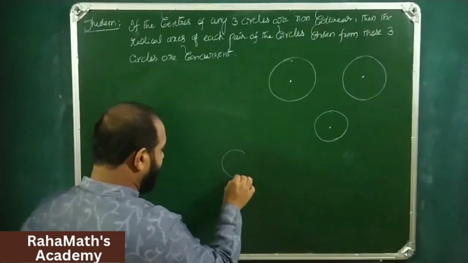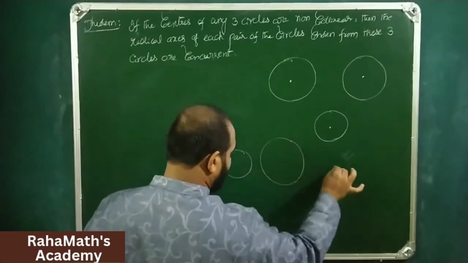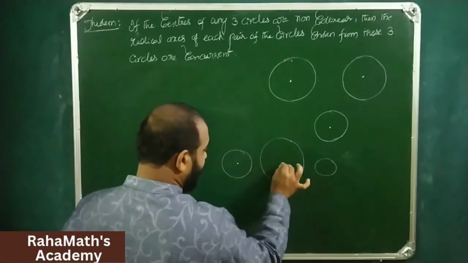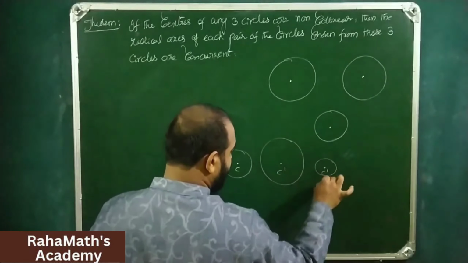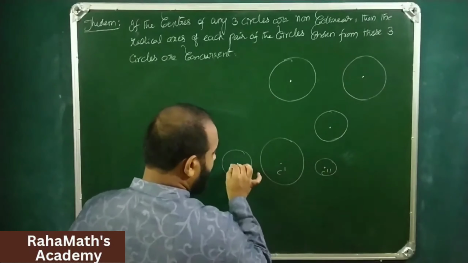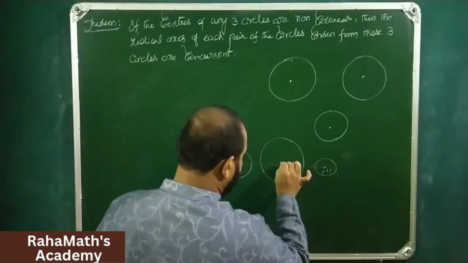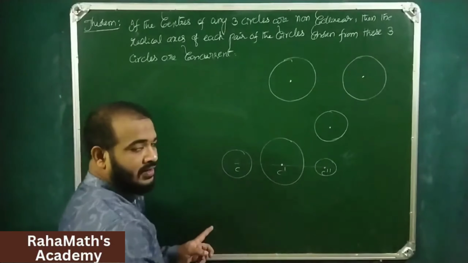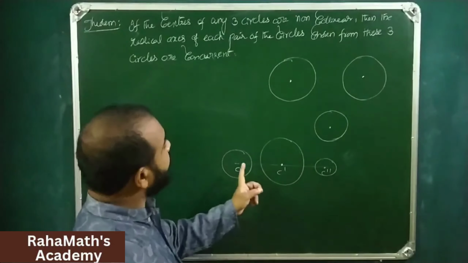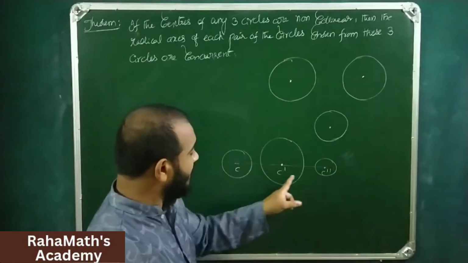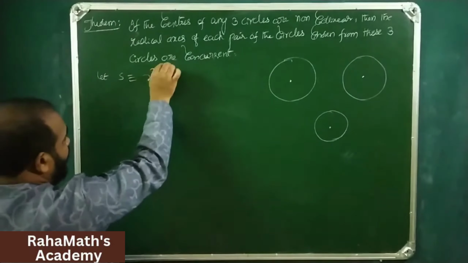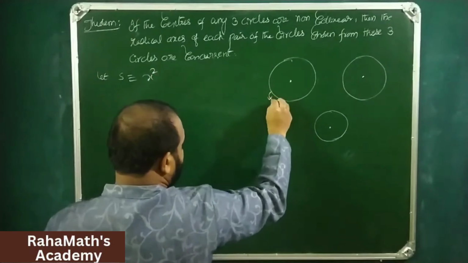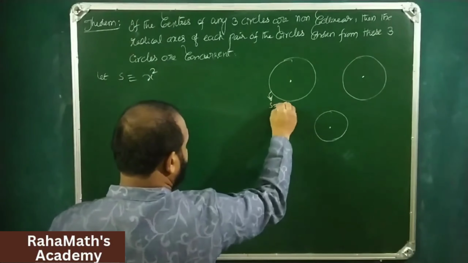For example, this circle is there, another circle is there, and this circle is there. So here C1, C2, C, C dash, C double dash are all lying on the same line. So these are the collinear points. So here the three centers are collinear. Right?